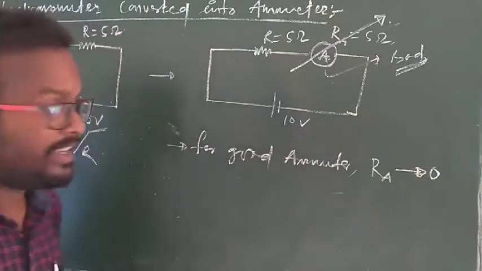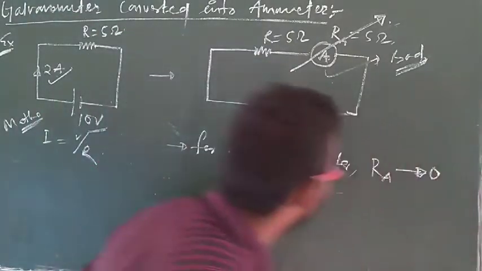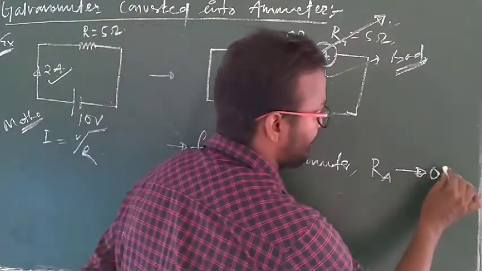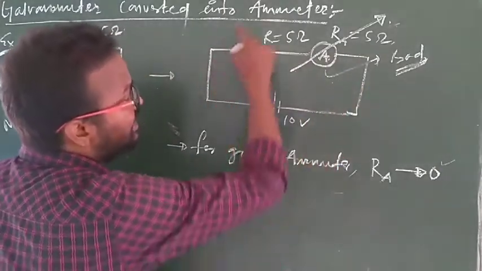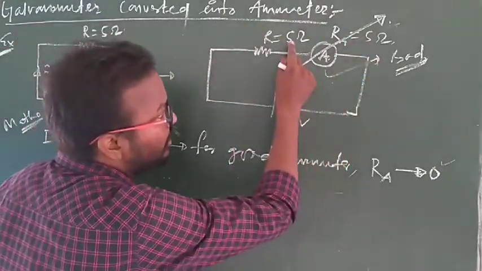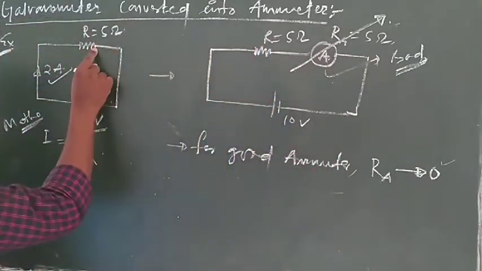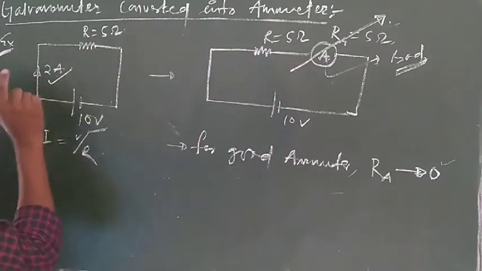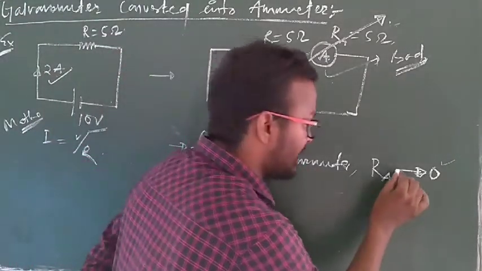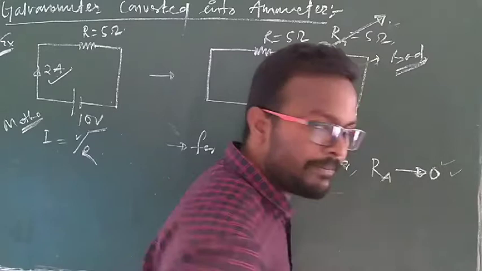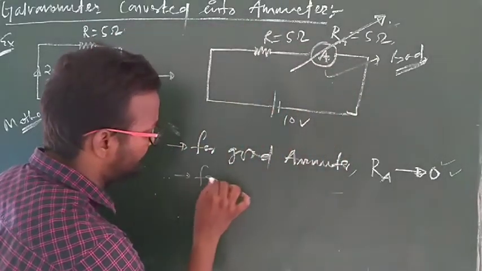Tends to 0 means nearer to 0 but not equal to 0. And if the resistance of the ammeter tends to 0, then the total resistance of the circuit is nearly equal to 5, and then the current flowing through the circuit is 2 ampere.